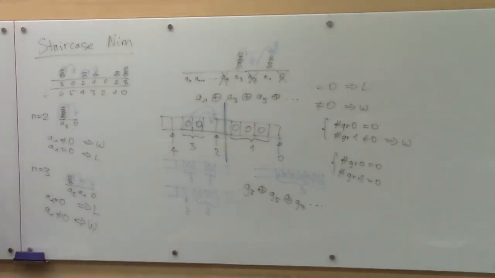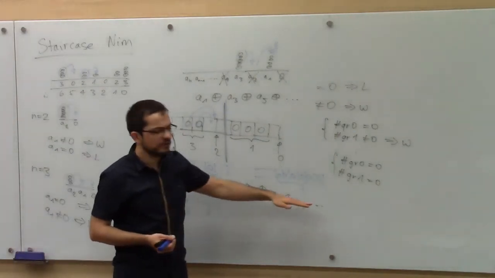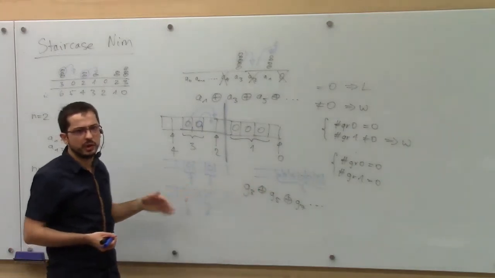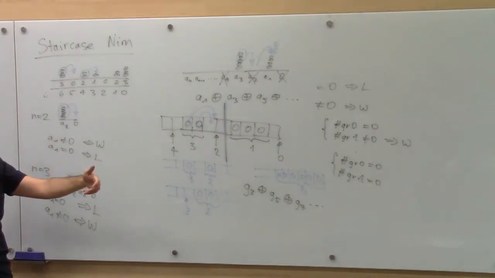And actually, showing how to calculate the winning move is not very hard, because if this XOR is non-zero, then after our move we must make this XOR be 0.